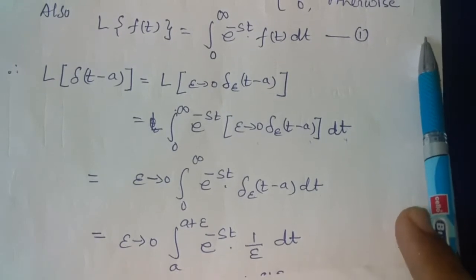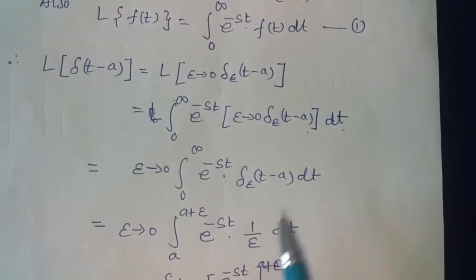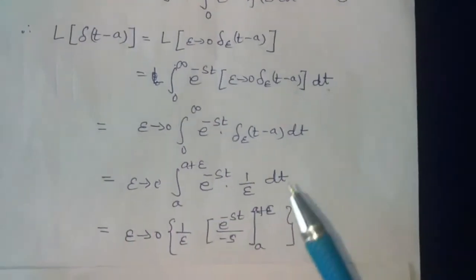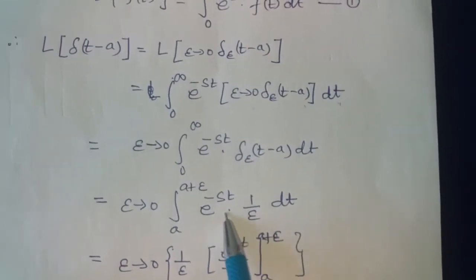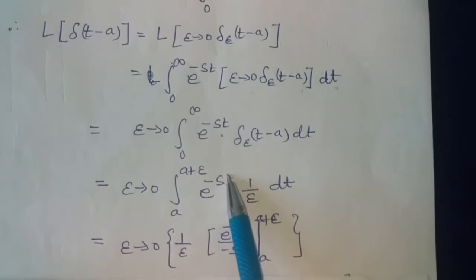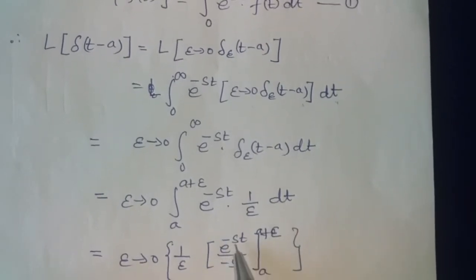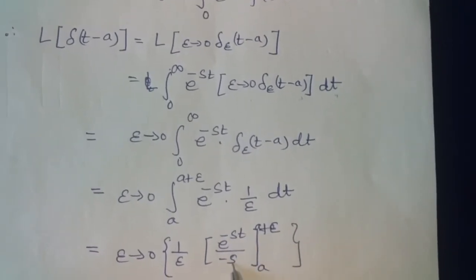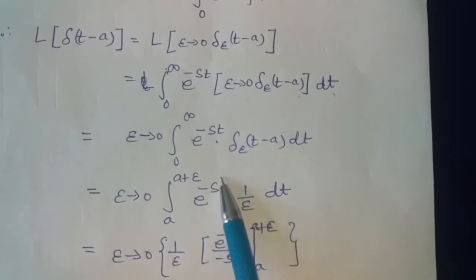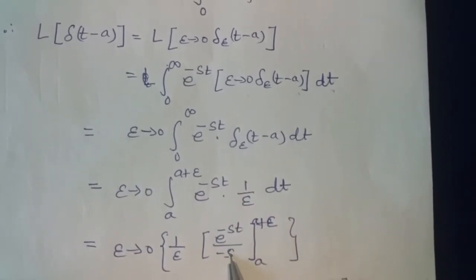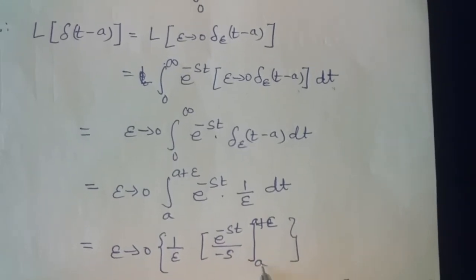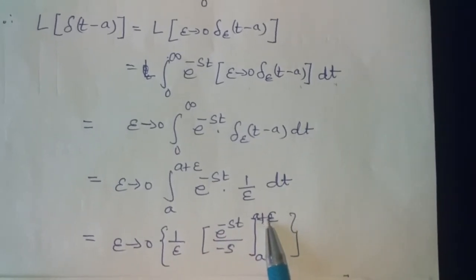Now 1 upon epsilon is constant, so we write it as it is, and we integrate e raised to minus st with respect to t. We get e raised to minus st upon minus s, as the integral of e raised to minus st is e raised to minus st by minus s, and the limit is a to a plus epsilon.